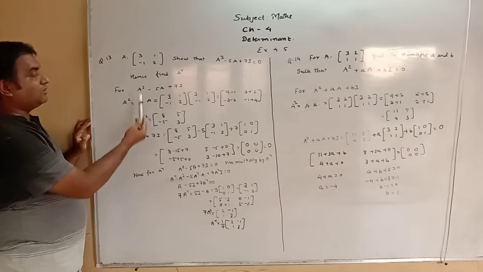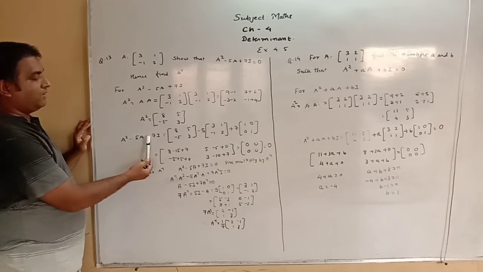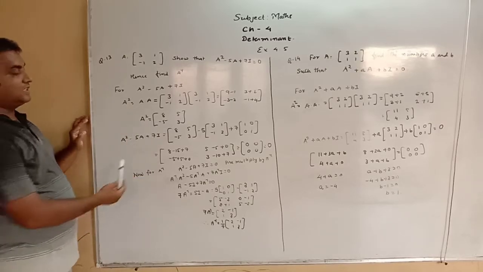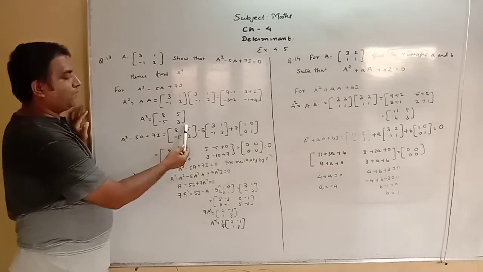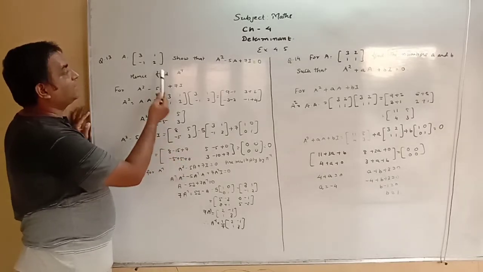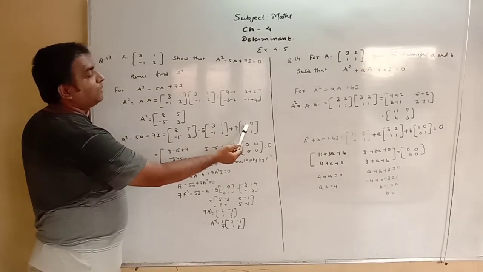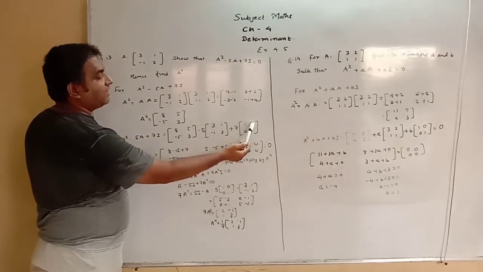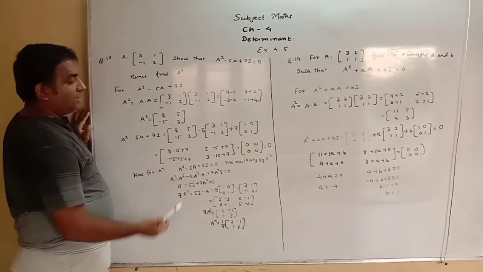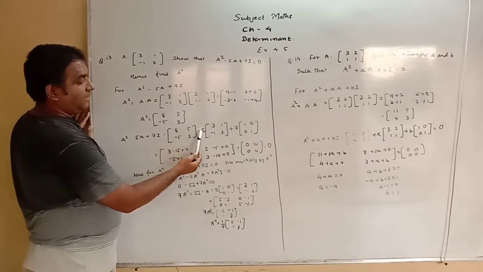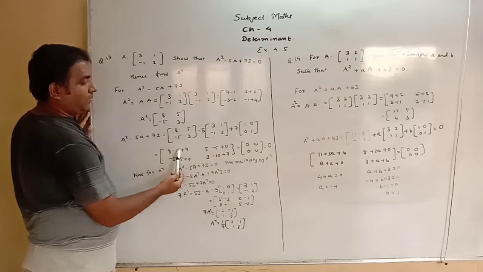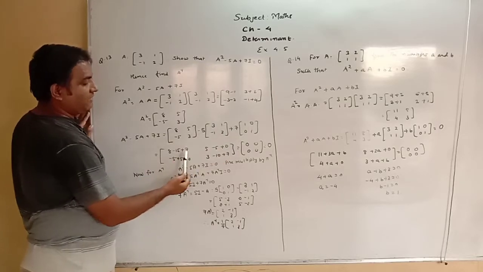Now we substitute the values in A square minus 5A plus 7I. A square we calculated as [8 5; -5 3], minus 5 times A, which is given as [3 1; -1 2], plus 7I, where I means the 2 by 2 identity matrix, [1 0; 0 1]. So 8 minus 15 plus 7 is 0.